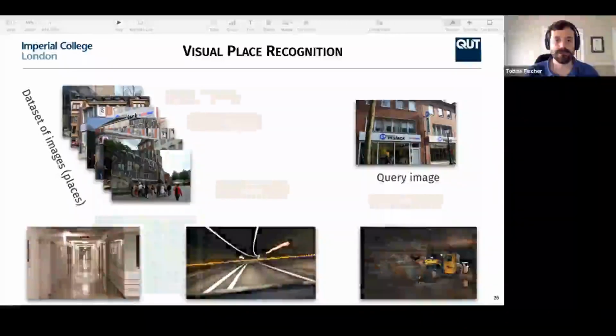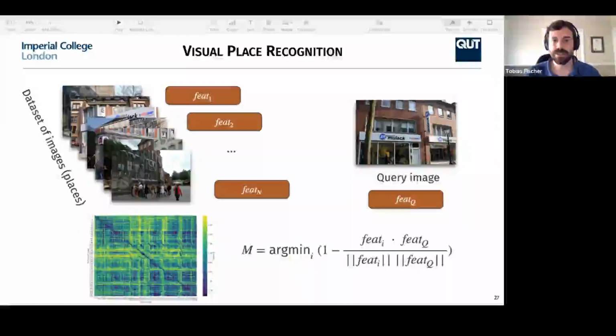And the way visual place recognition is done is that typically you extract some features from those images, and then you use some kind of similarity metric. Here it's the cosine similarity to pick the closest feature that you've observed before.